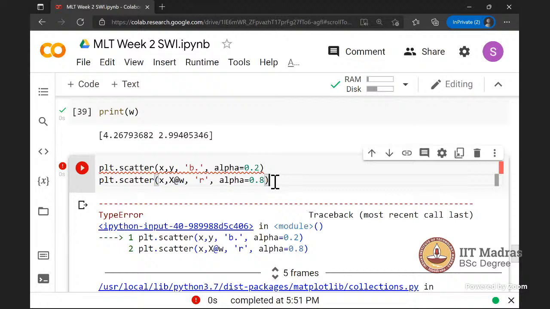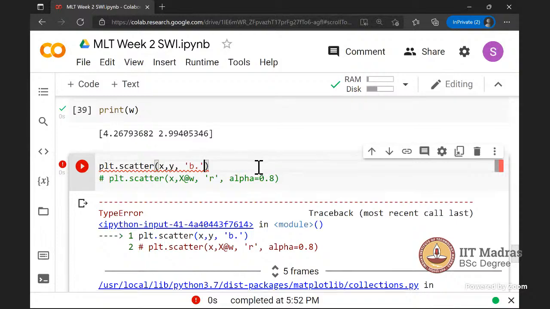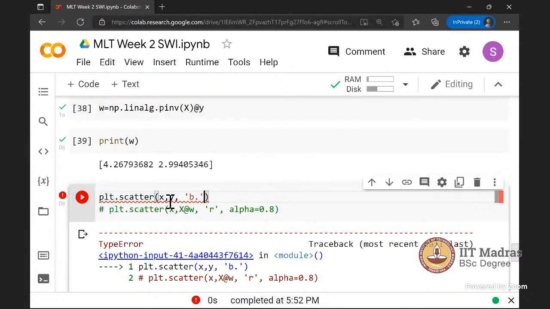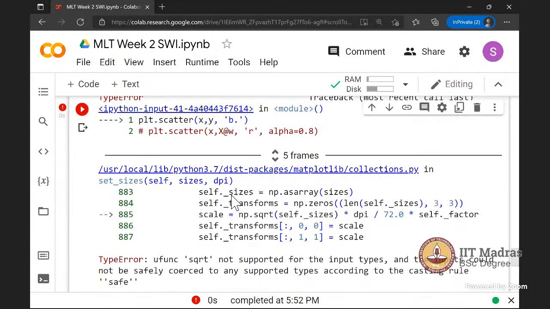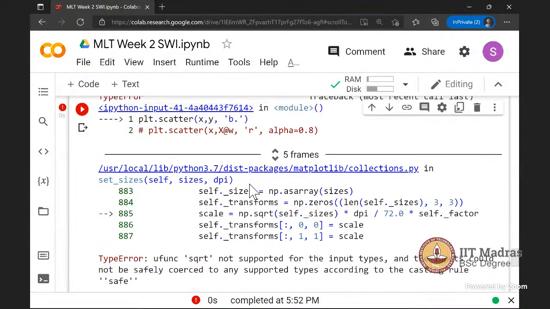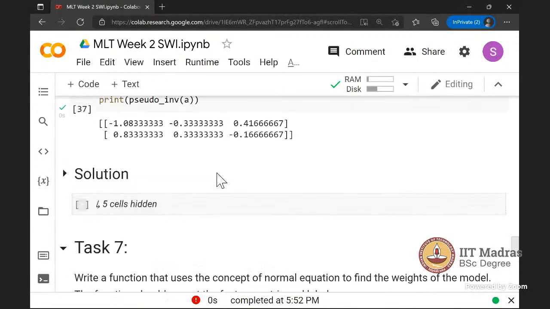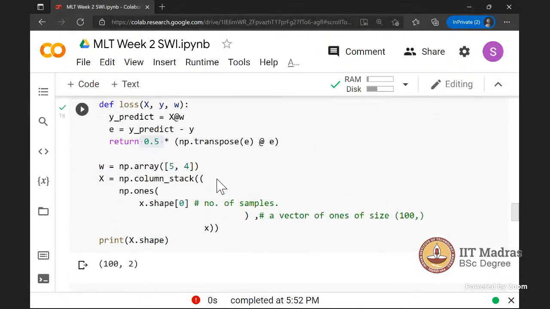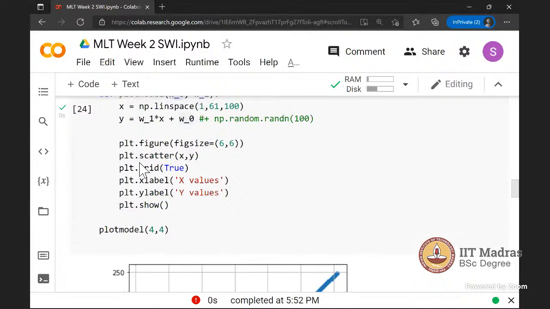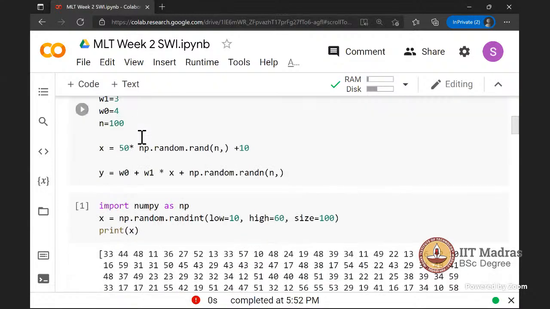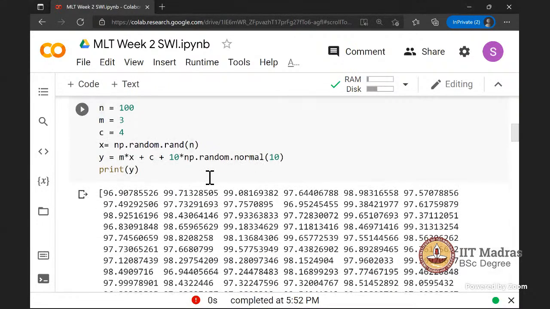Okay, so the error is not over there. Maybe I'm using something incorrectly. Okay, this is where it is wrong. I think you can run all the previous cells once, because I'm not sure if it is taking the correct X. Okay, good. Somewhere here we generated the data points with the help of the linspace function, which is this one.